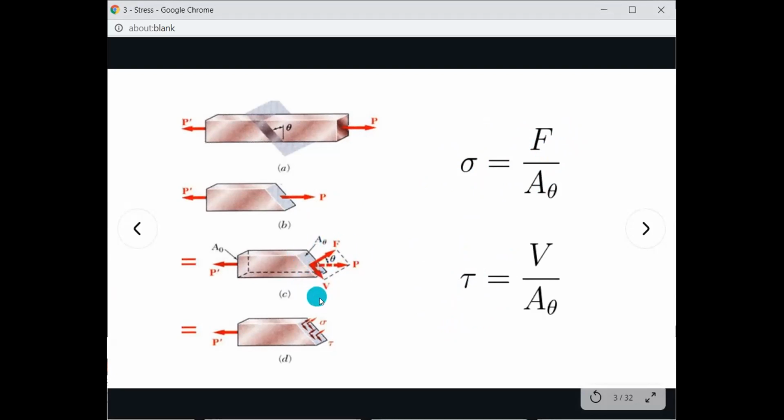So in this inclined area A theta, the normal stress would be F over A theta, right? And of course, the shear stress is the stress that slides along the surface. It is V over A theta. So it is just force over area. That's the basics of stress.